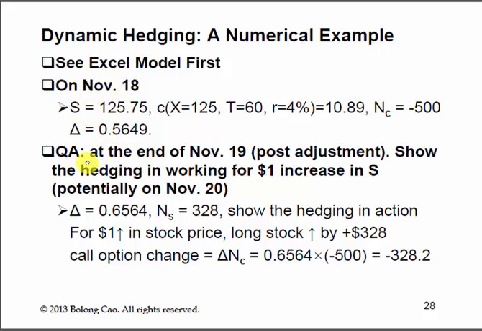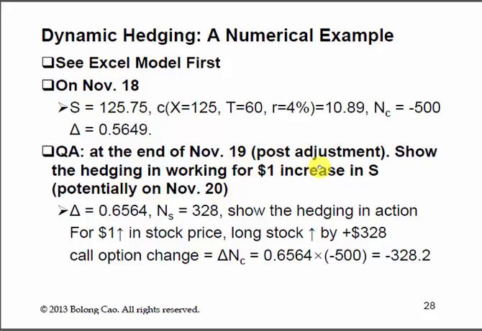Now, question A. Say at the end of November 19th, suppose it's post-adjustment. Show the hedging is working for a $1 increase in the stock price. Okay, it's basically that scenario can happen on the next day, November 20th.